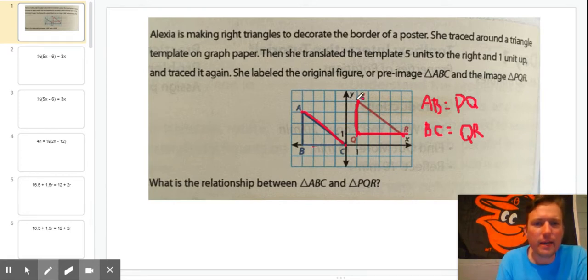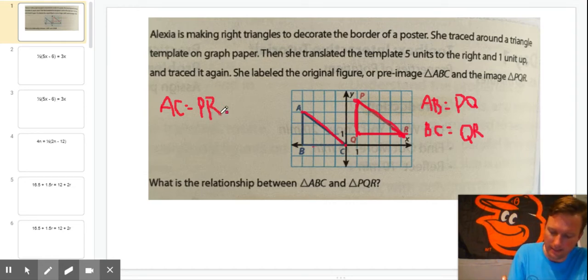Well, it would be this one. It would be PR. So you list this point P and this point R. AC is equal to PR. Excellent. So we are finding congruent lengths.